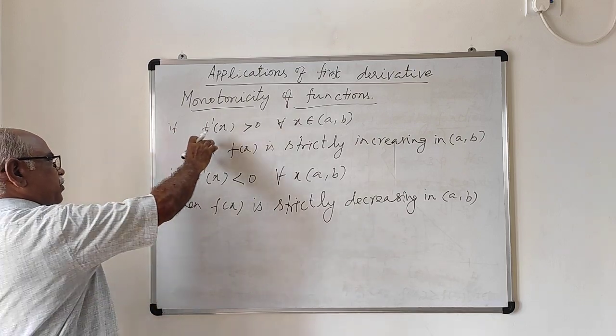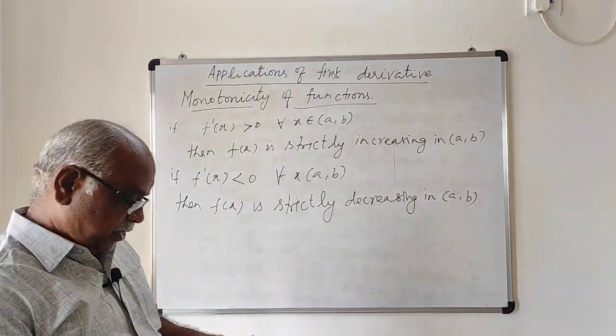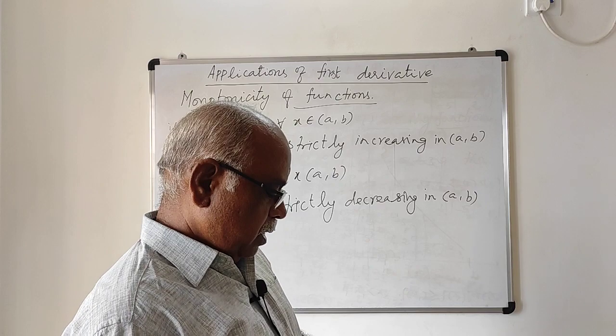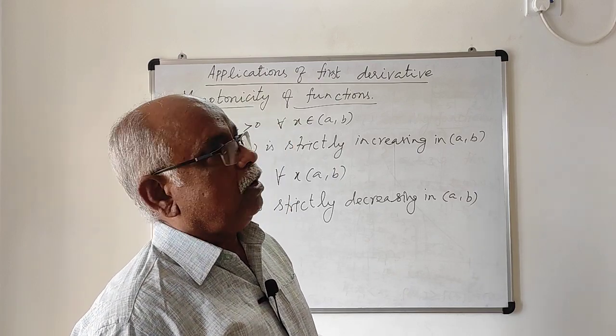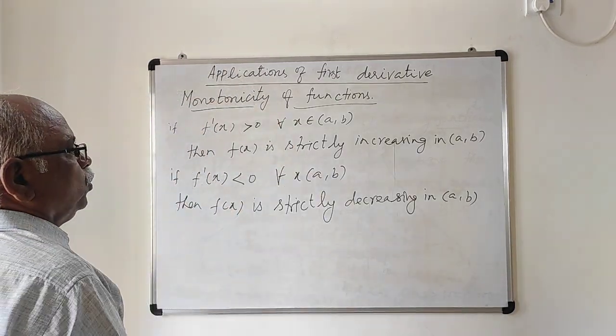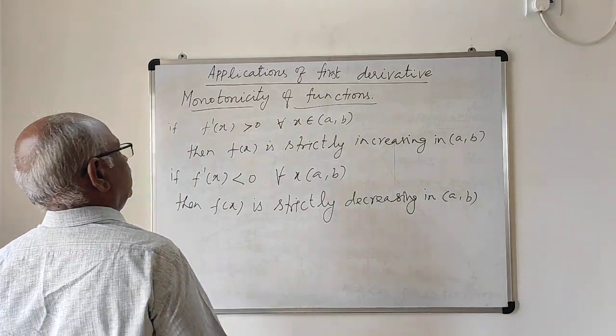So, by using the first derivative test, we can find the increasing and decreasing function, and we will solve by using these definitions. I am going to solve one problem. Listen.